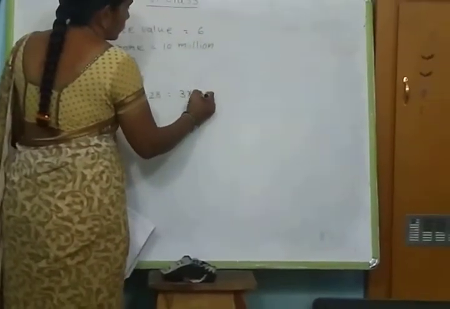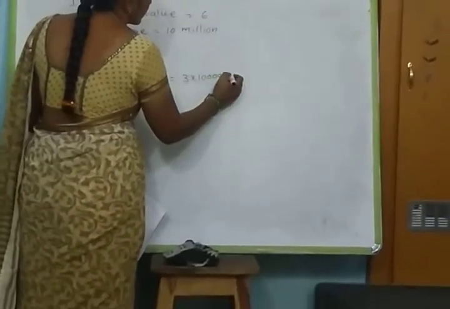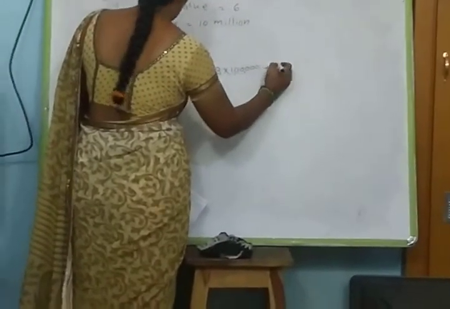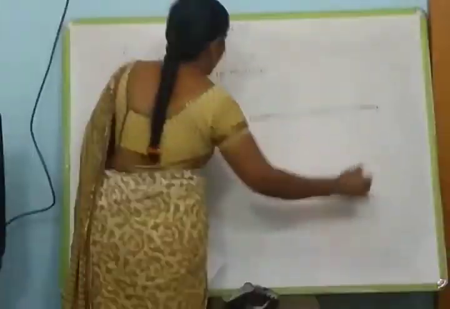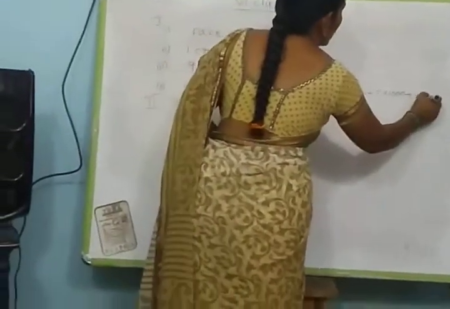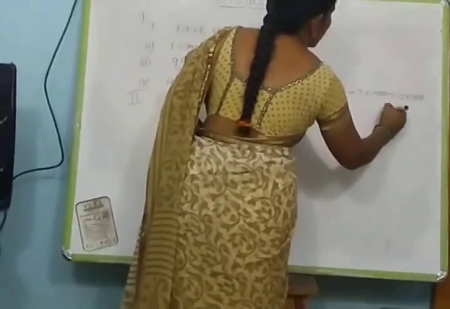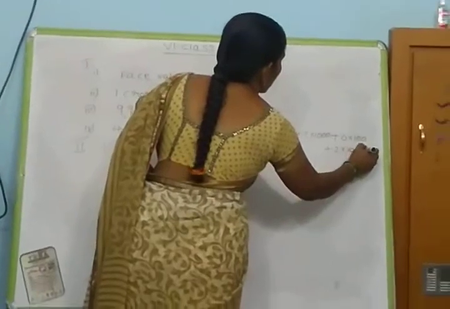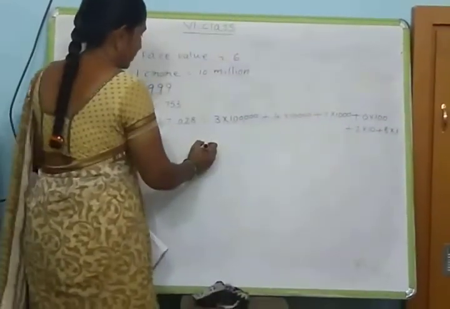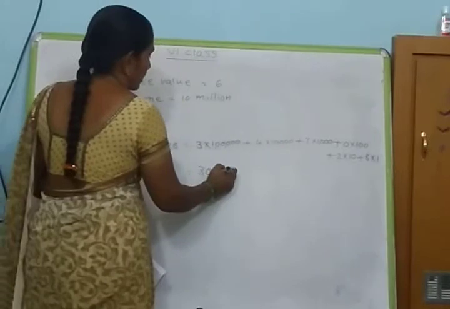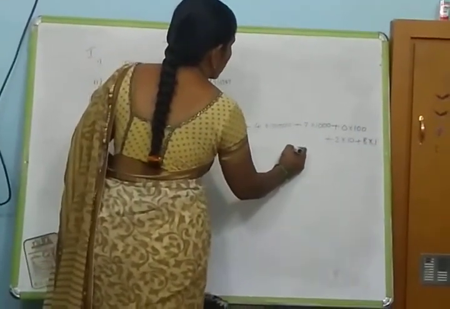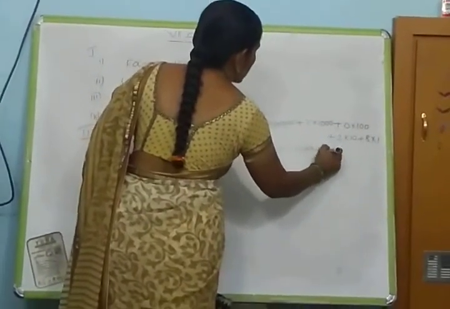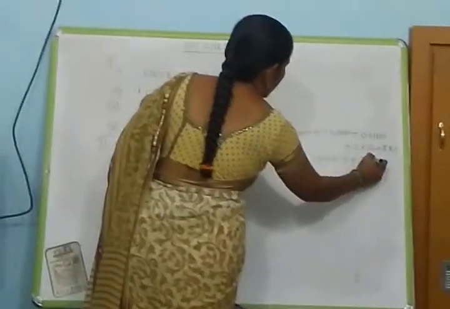So 3 into lakh plus 4 into 10,000 plus 7 into 1000 plus 0 into 100 plus 2 into 10 plus 8 into 1. 3 into lakh, 3 lakh plus 40,000 plus 7,000 plus 0 plus 20 plus 8.